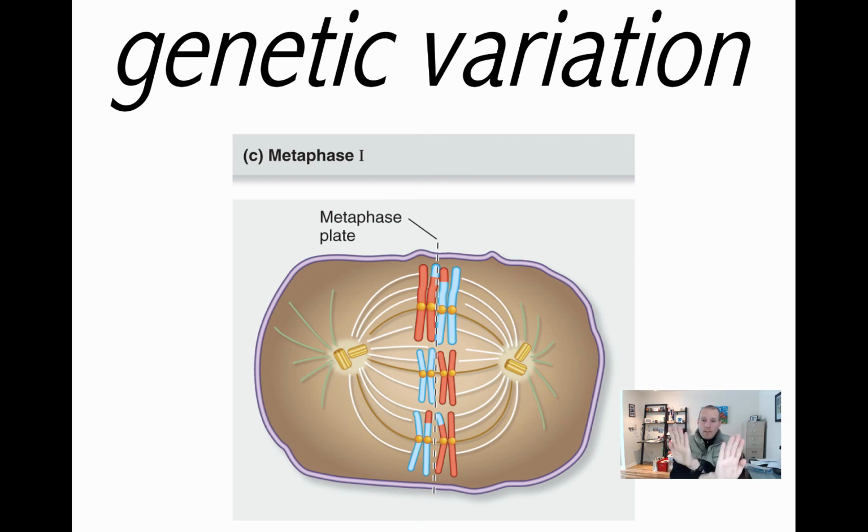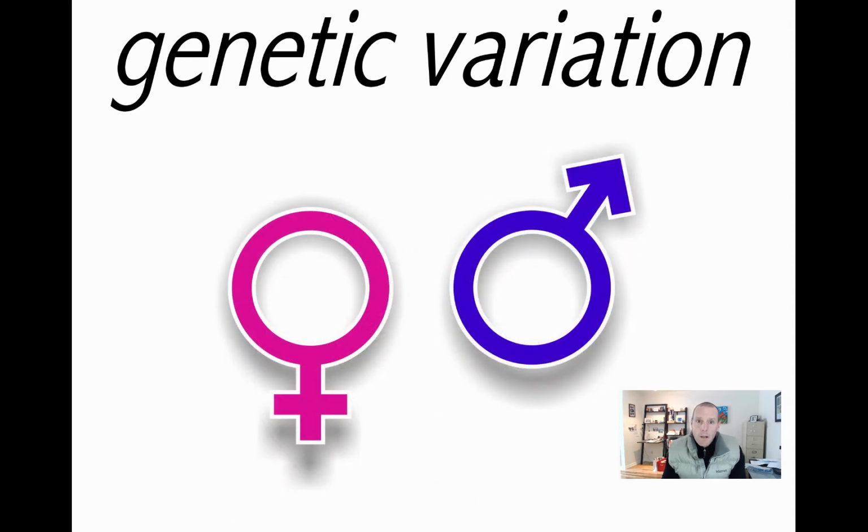Depending on what pattern of pairing up we get during metaphase 1, we can produce cells with different combinations of maternal or paternal chromosomes. So that's the second place: independent assortment. That's going to be important when we come back and look at some of Mendel's laws, so make sure you understand that now, because it's going to come back in a little bit.